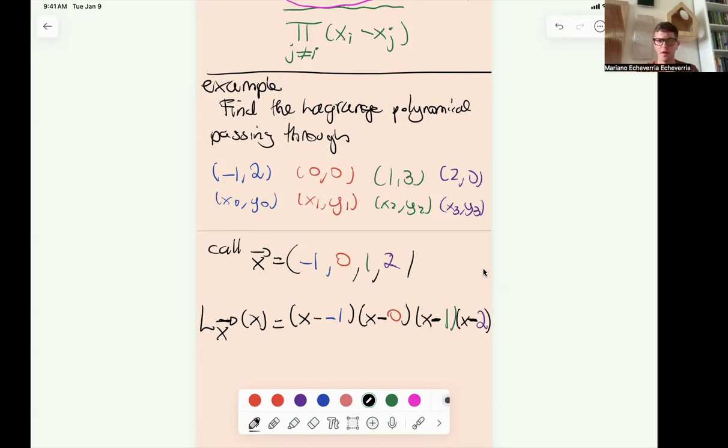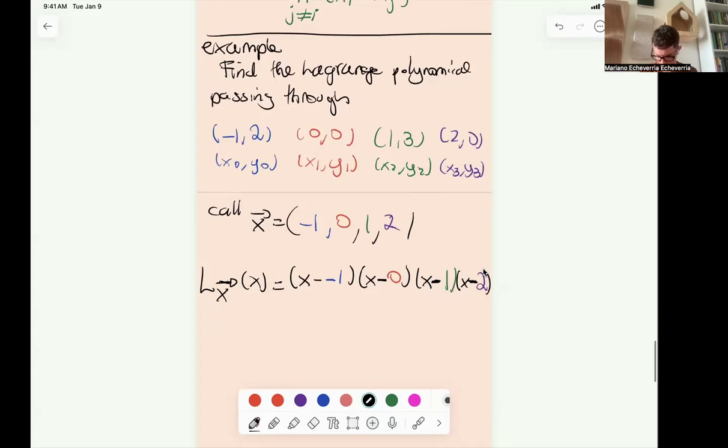Is that making sense? And then you can simplify it a little bit. What does this become? It becomes x plus 1 times x minus 1 times x minus 2.